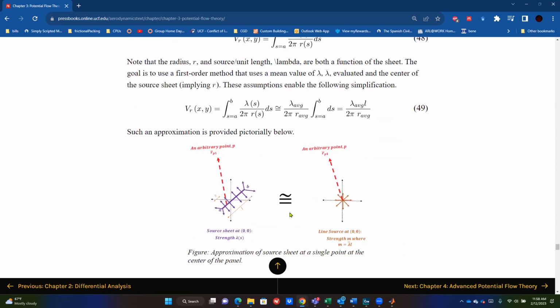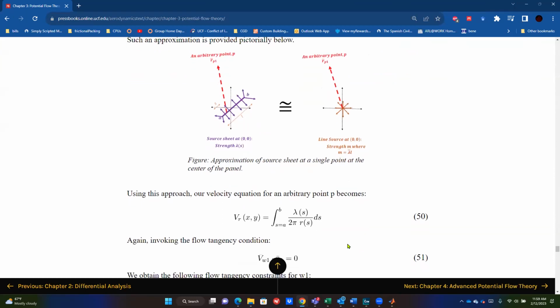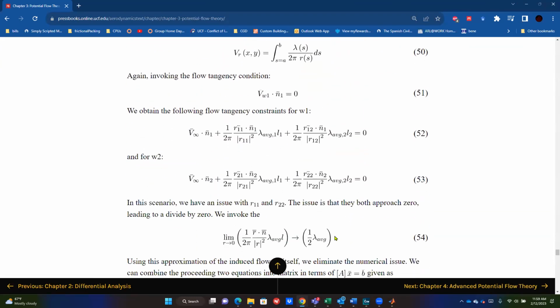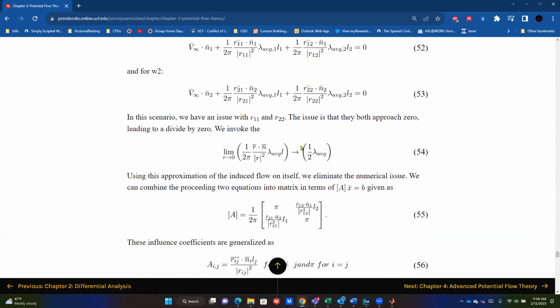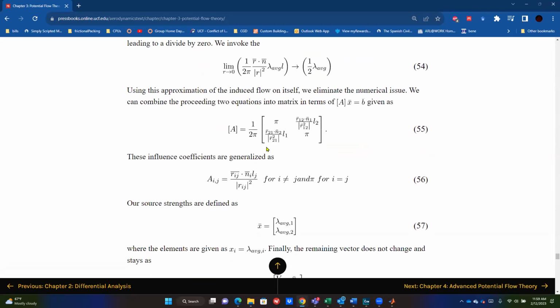So remember, our panel has a length, and we're approximating it as a point, and our source is the length of the panel times our local source strength. Here's that same representation. This is V at the flow tangency constraint. When we approach ourself, we have this section.